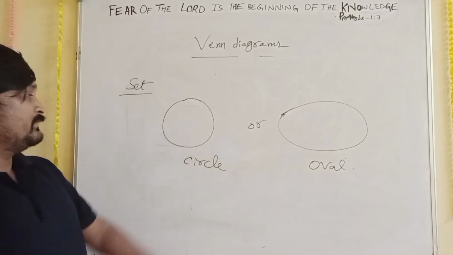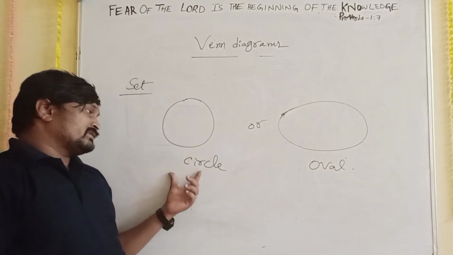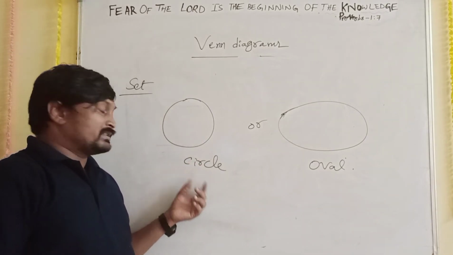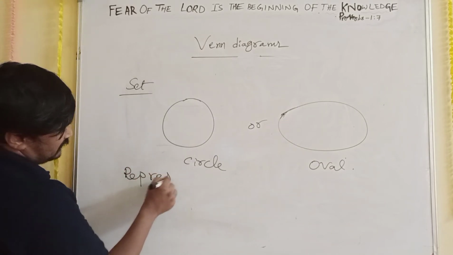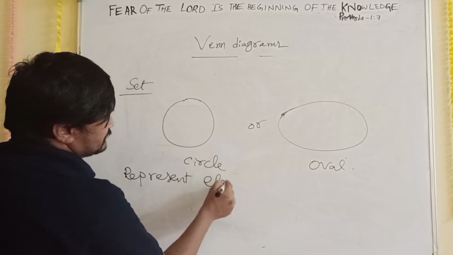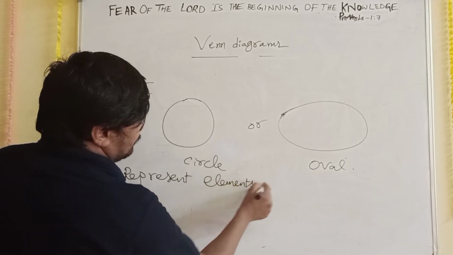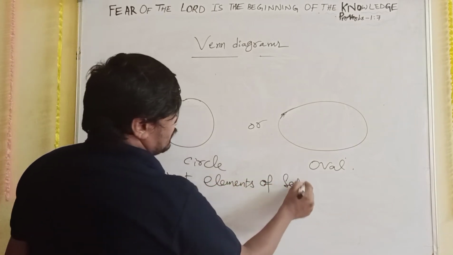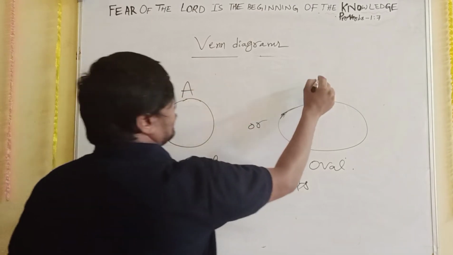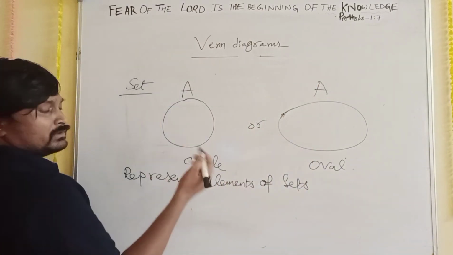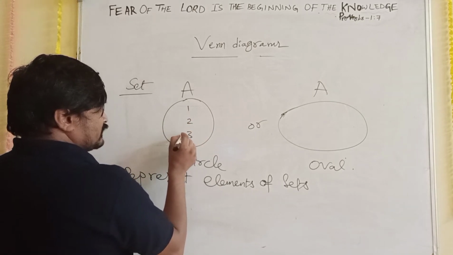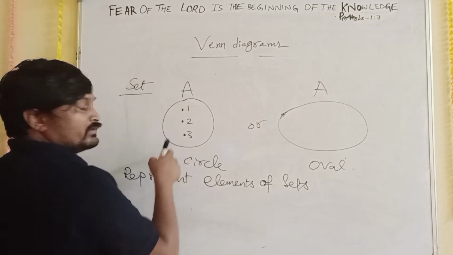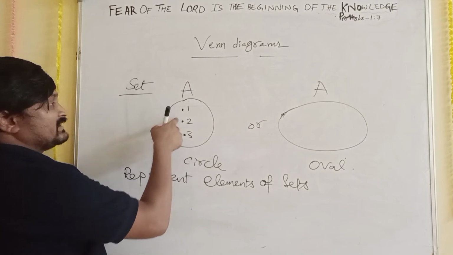Next, if a circle is used, how do we represent the elements of sets? For example, this is set A, and this is also set A. Here the numbers 1, 2, 3 are shown as dots. When you put a dot, that indicates an element.